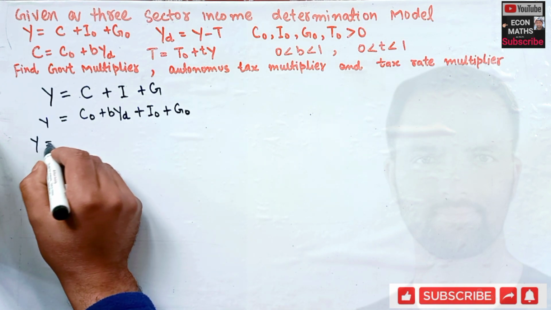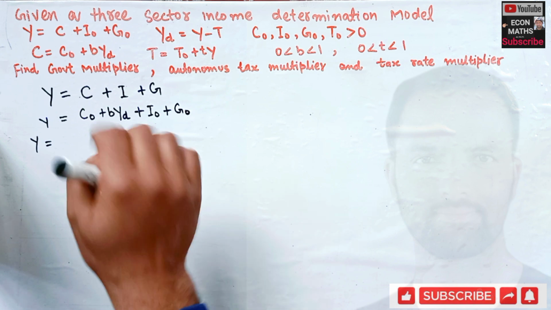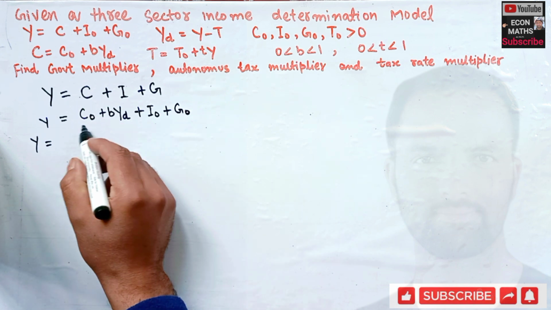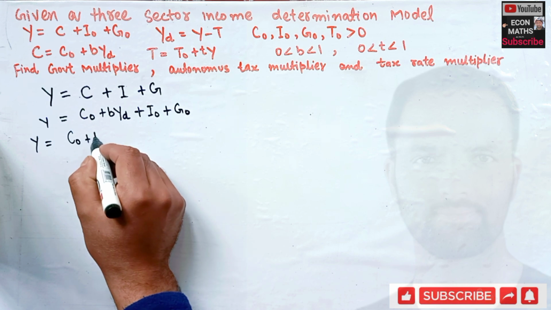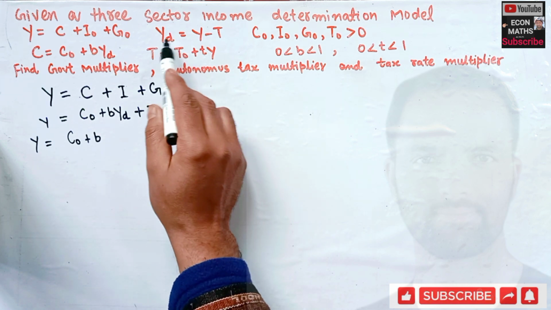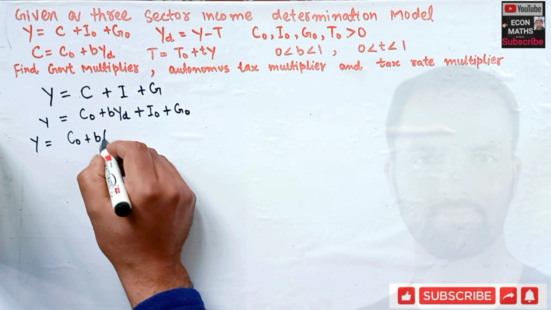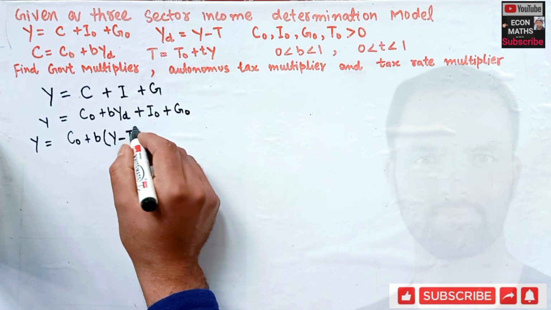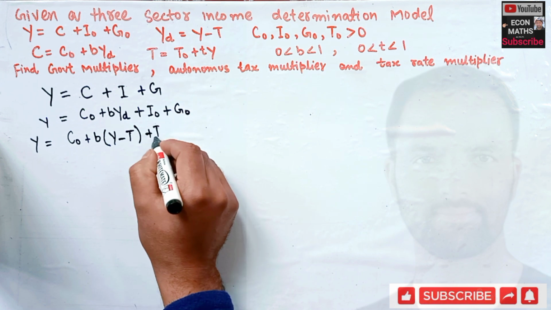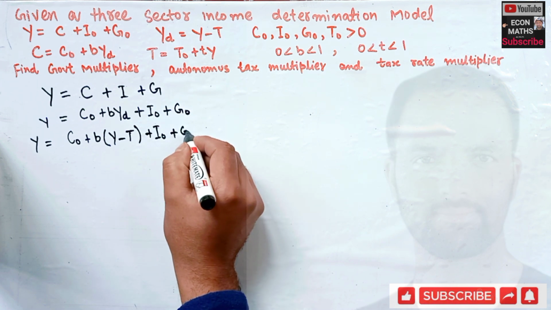Or we can write it like this: this is our consumption function, so I will write C naught plus B, now YD is equal to Y minus T, so in place of YD, I will write Y minus T, plus I naught plus G naught.